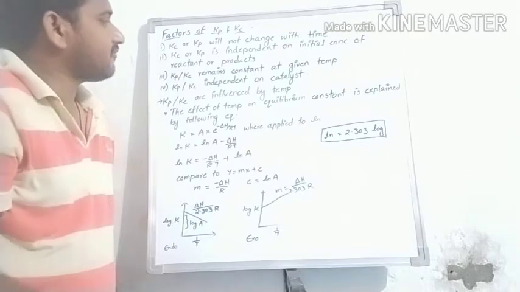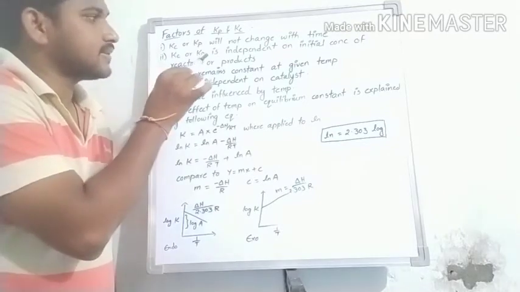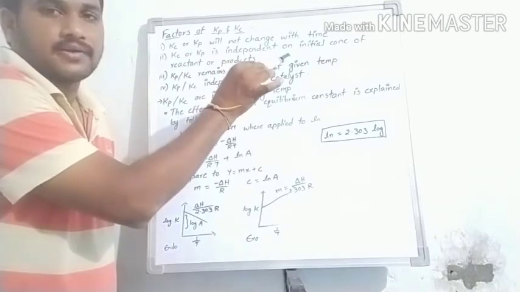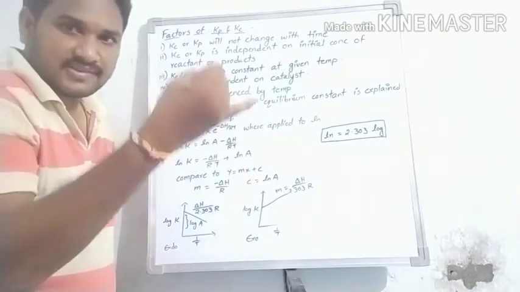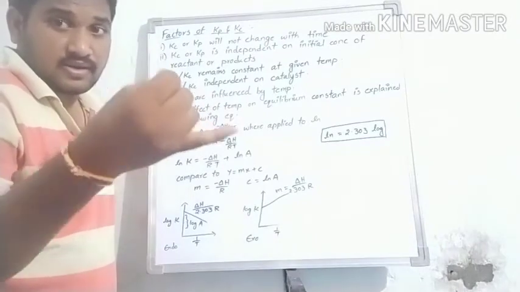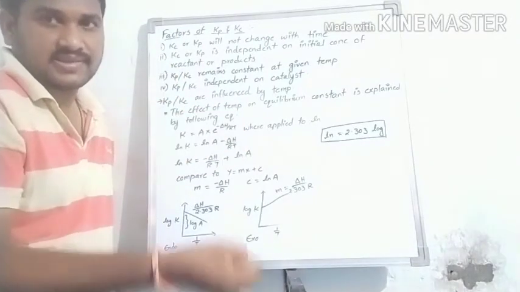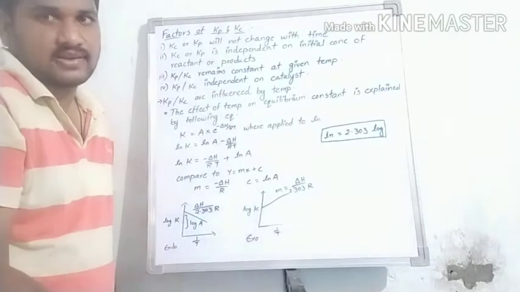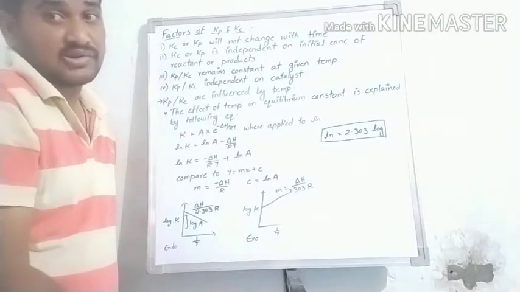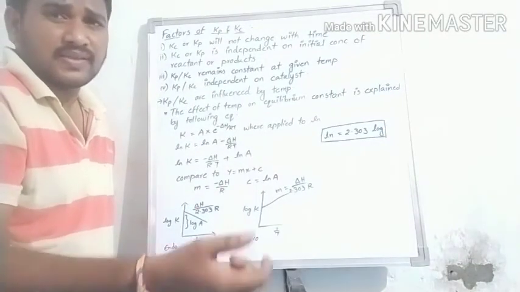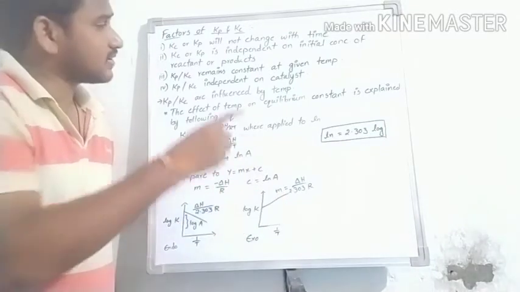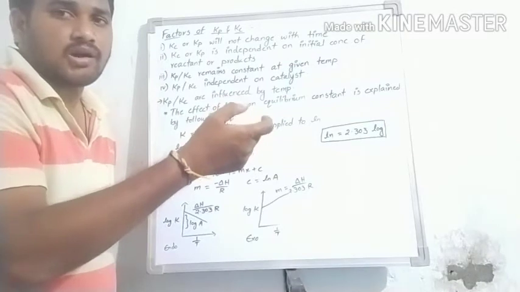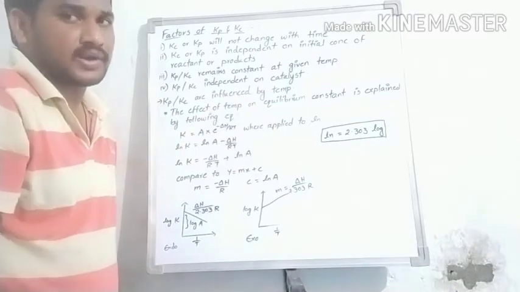Okay, the second factor is that Kc or Kp is independent of initial concentration and pressure. Next, viscosity, whatever it may be, is a physical property, and Kp and Kc do not depend upon these types of physical quantities.